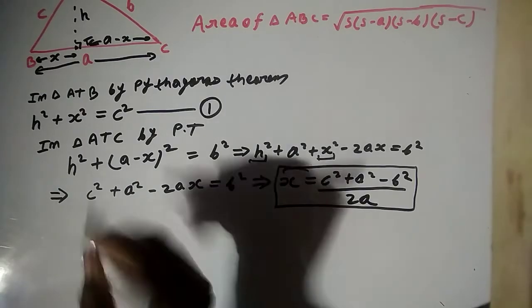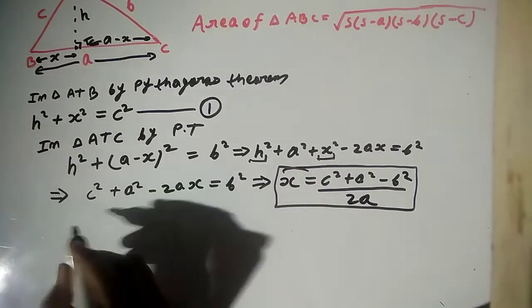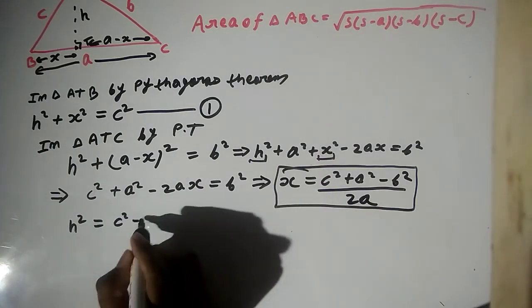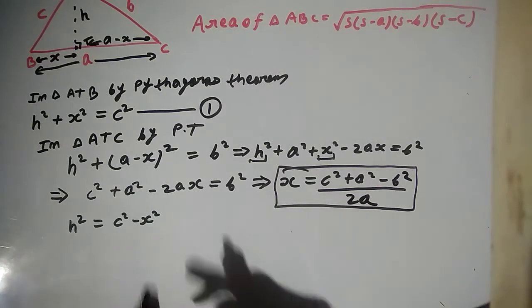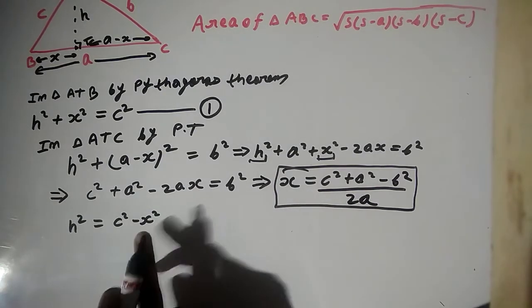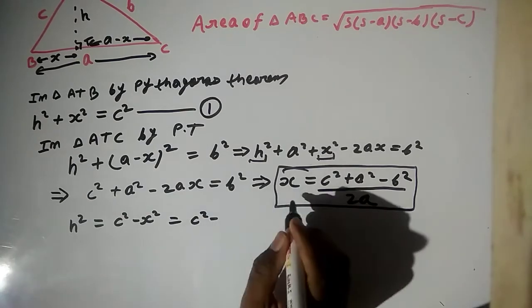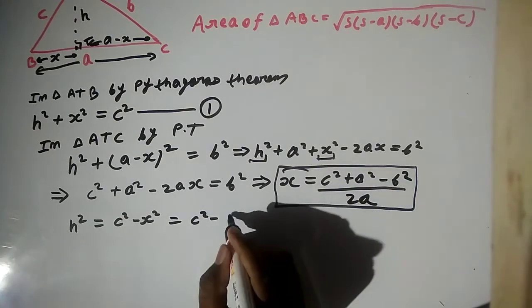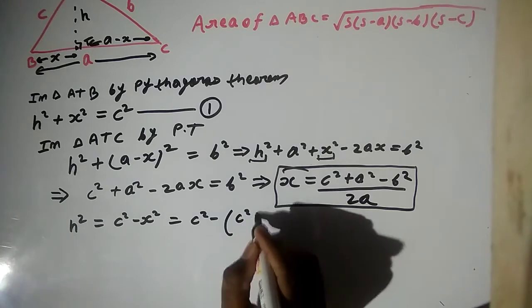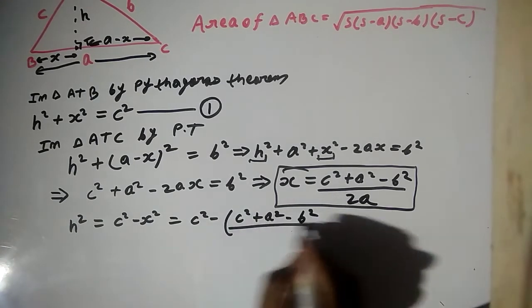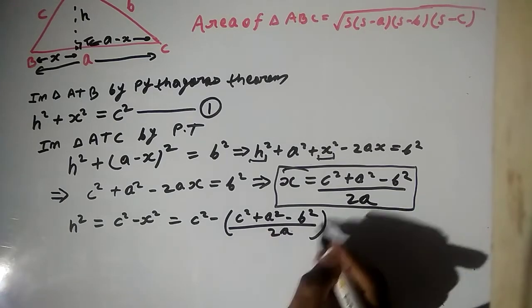Now, from equation 1, we can say that h squared is equal to c squared minus x squared. Put the value of x in this, so we will get c squared minus ((c squared plus a squared minus b squared) over 2a) whole squared.